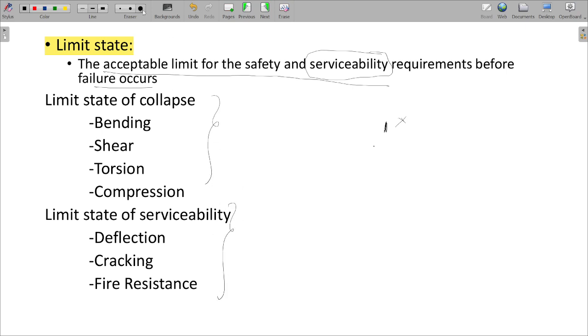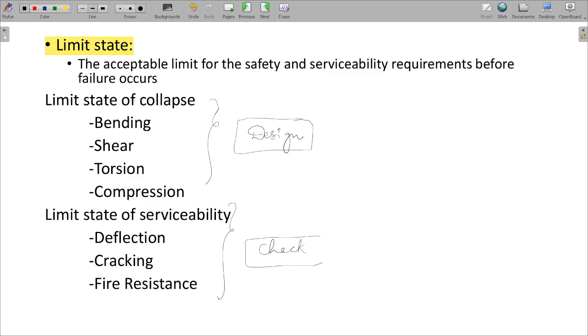As IS 456 mentions, why these two limit states? We design the section for rupture, and plastic instability and buckling also occur. We take all that into account and design the structure for limit state of collapse, and we check our design for limit state of serviceability.